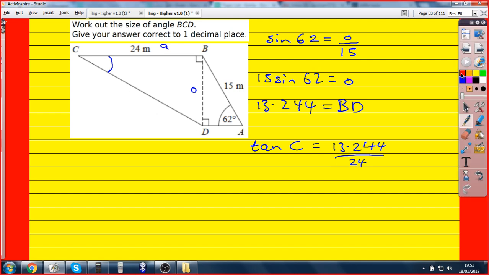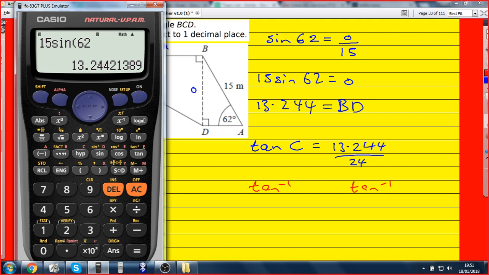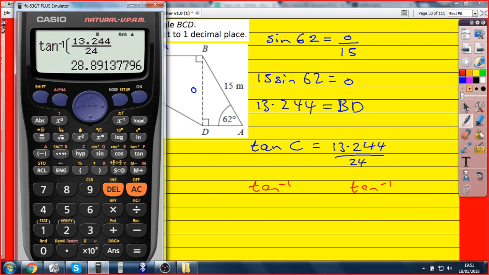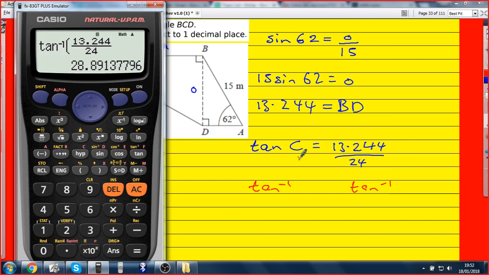Do we have to do tan to the minus 1? Yep. So tan minus 1 of 13.244 over 24. Okay. So then you have 28.891. So this is the angle C.